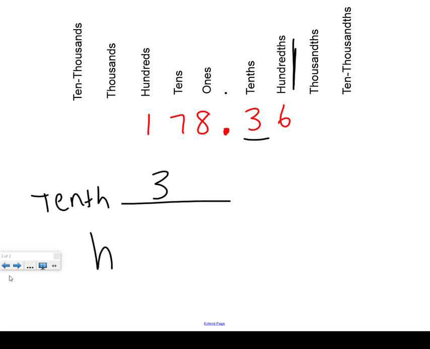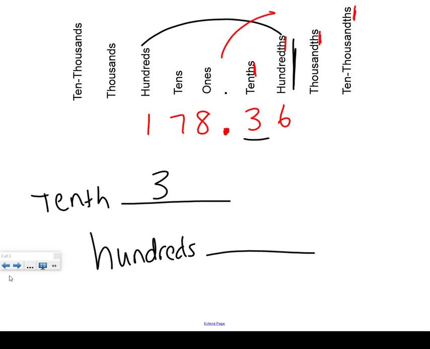What number is in the hundreds? Hundreds and hundredths are different. Notice there is a THS on the end of all of the decimal numbers, meaning they're on the right side of the decimal point. So we know which one we're finding, either the whole numbers or the decimal numbers, based on if it has a THS at the end of it.